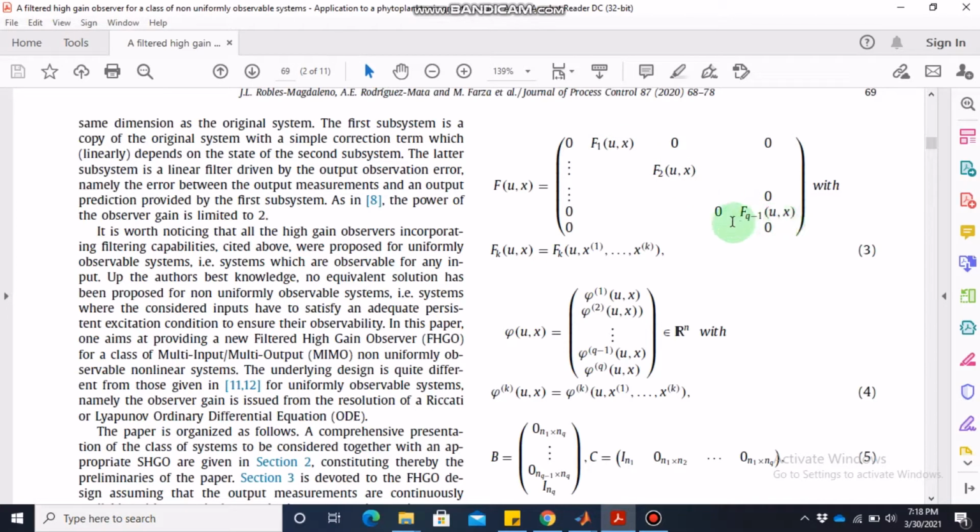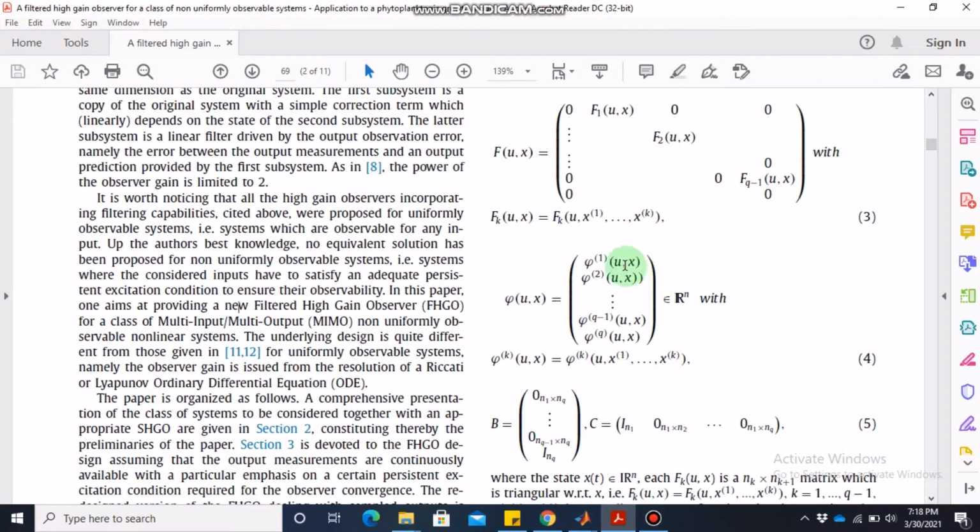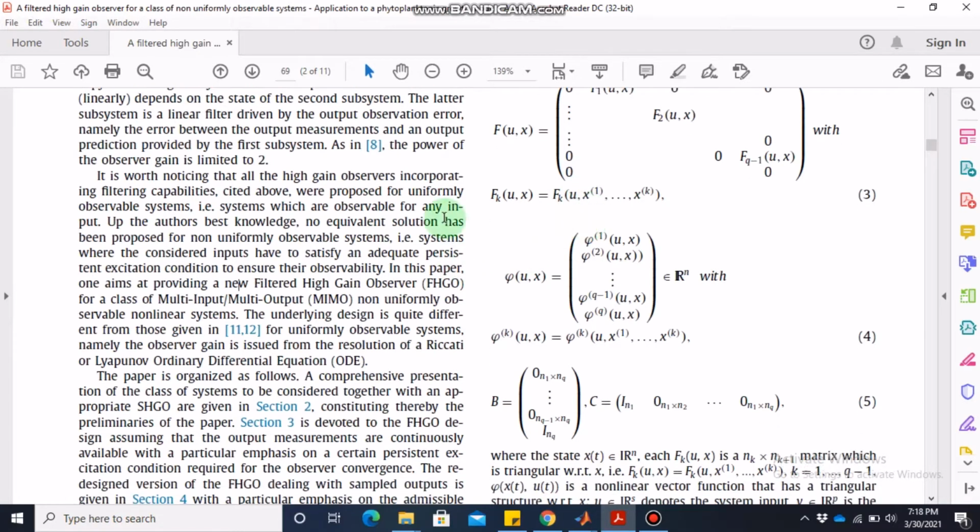Q is the total number of state variables, and each fk should depend only on the first k state variables and the control. That's the constraint on the type of systems that are within the scope of this research paper.